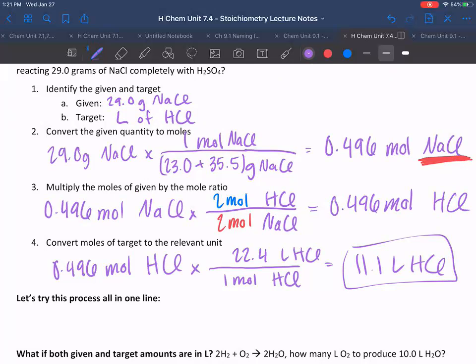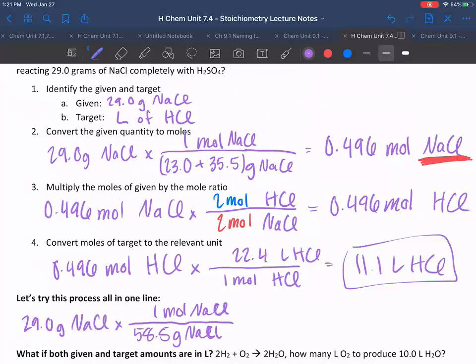So how you would set this up, I'm going to use the same exact example, is you'd start with your 29.0 grams NaCl. Your first step is using the molar mass here, which is I think 58.5 grams NaCl for 1 mole NaCl. So this is just step number 2.